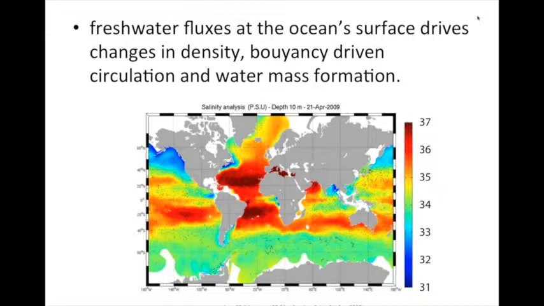So I'm particularly interested in this in the Atlantic because of the salinity budget of the Atlantic, and so this is a picture of salinity. I think it's from 10 meters, from Argo data, and just some global products. It doesn't matter what exactly. It's just a surface salinity essentially.